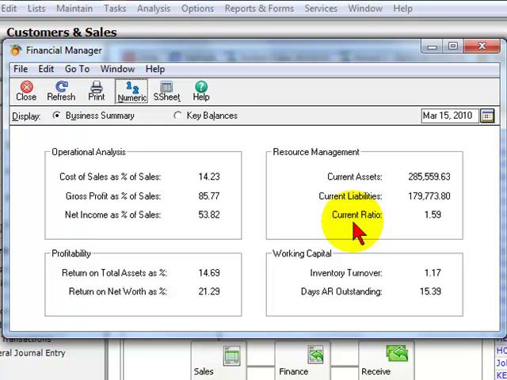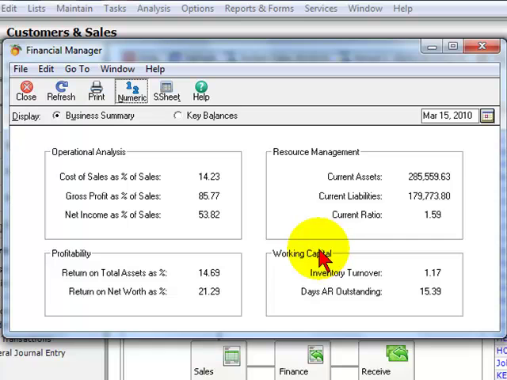For most companies, 2 is acceptable. But again, all ratios have to be compared with the business you're in. Each business has different ratios and percentages. The idea is to measure your current ratio and compare it to the current ratio of those businesses that are in the same field as you are.